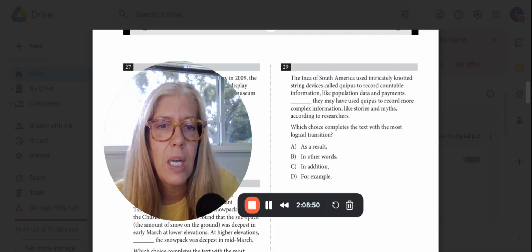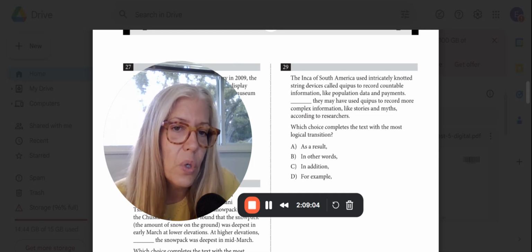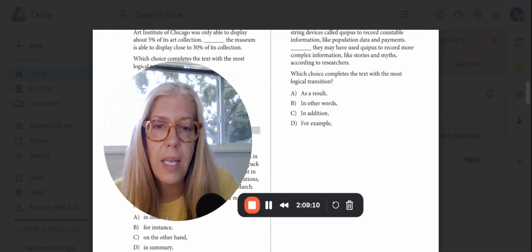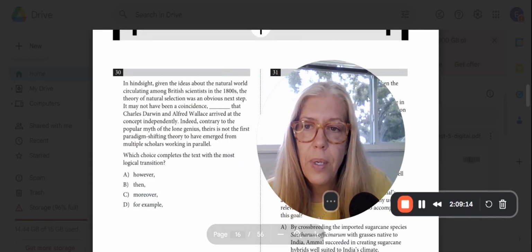So at first they used it to record countable information, and then they used it to record more complex information. Not as a result, not in other words. In addition, they may have also used quipus to record more. So there's a couple ways they used the quipus. How cool. Very cool. And last one.